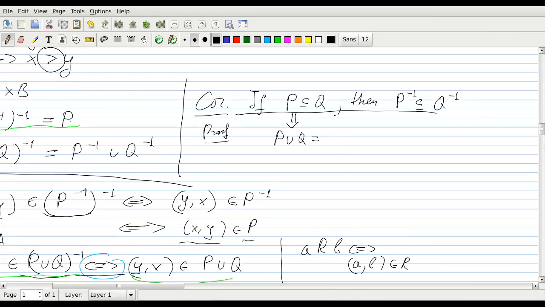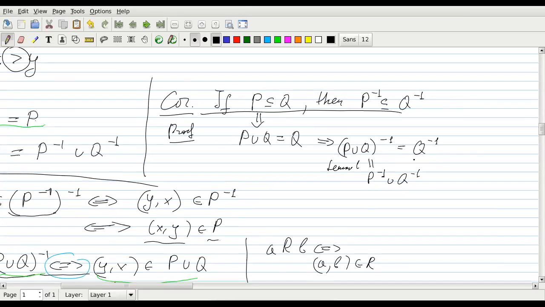Q. It equals Q, so we know that equal sets behave identically, then the converse of the union equals the converse of Q. While by our lemma, this is just the converse of P union the converse of Q. So I see that these two sets are equal.